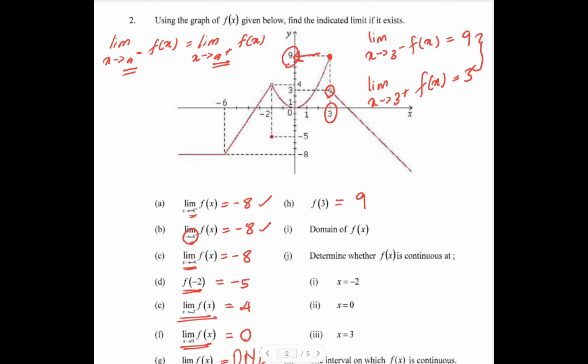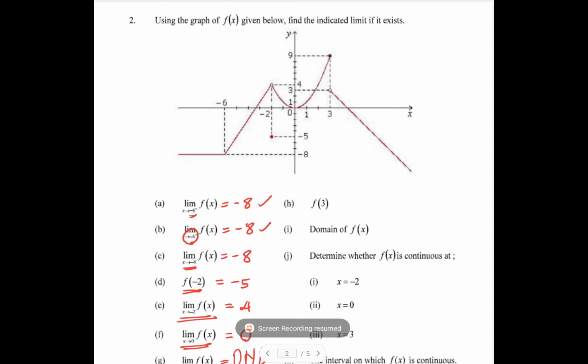And then question I, what is the domain? Okay, the domain of f(x). Domain means the values of x. We can see that the domain here is all the values of x from the negative side.